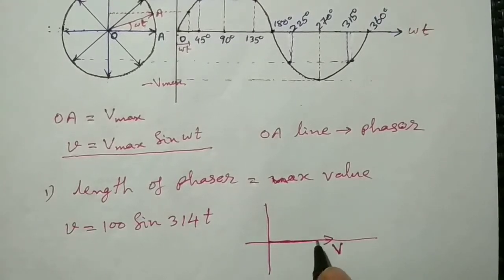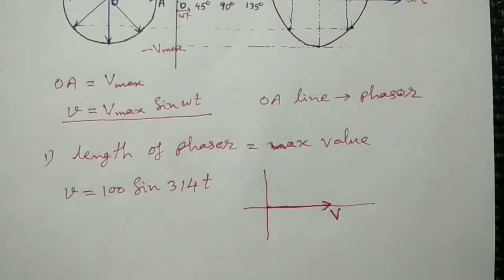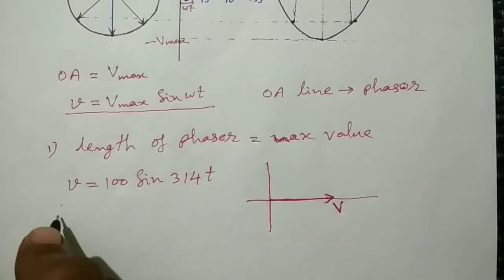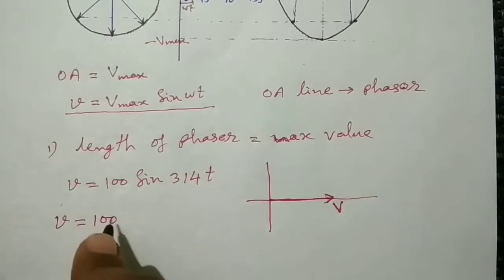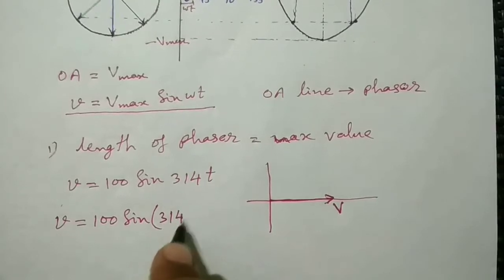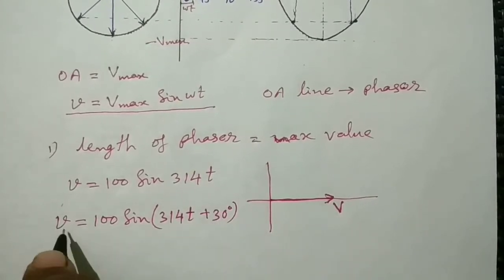So this is the phasor of this alternating voltage. Remember, if the voltage, let's say V equal to 100 sine 314t plus 30 degree, let's say it is V1.